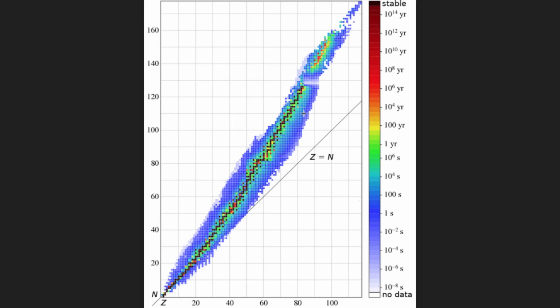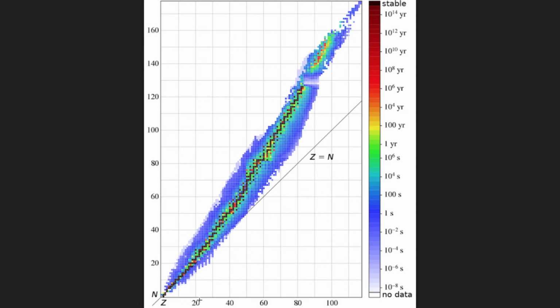So for example, these blue dots here correspond to certain combinations of protons and neutrons that don't happen to be very stable, since they'll probably spontaneously decay in about a second. However, these ones along the middle here that are shown in black are the more stable combinations of each of the proton-neutron combinations.